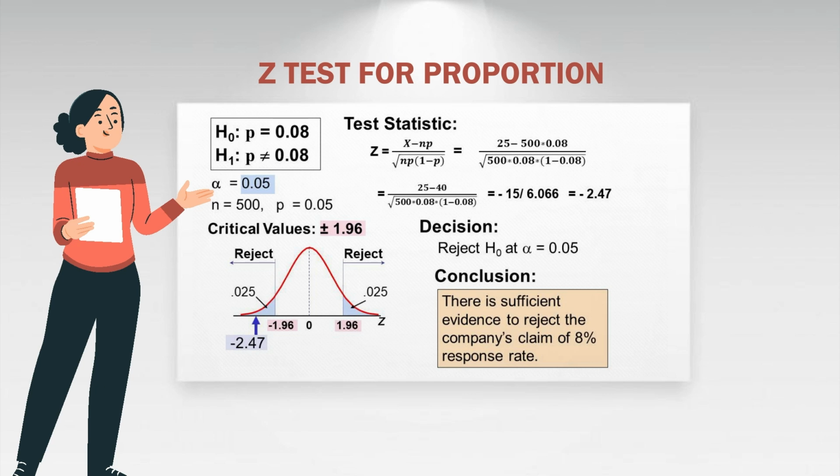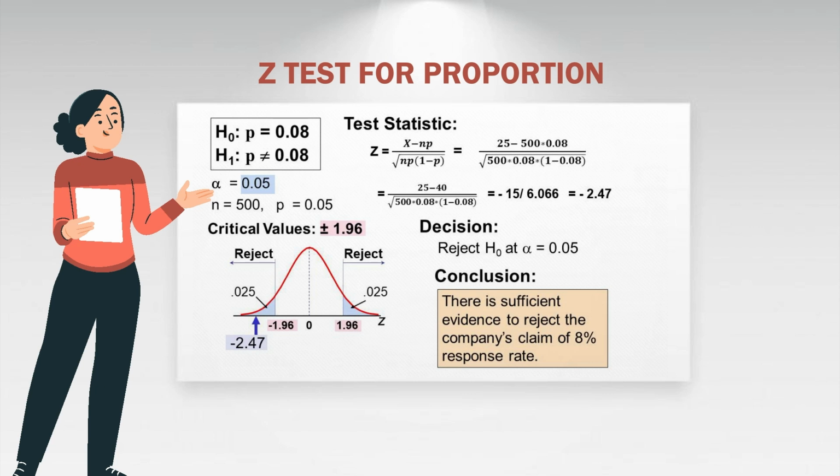So my critical region starts from 1.96 to infinity on the upper side, and on the lower side it is from minus infinity to minus 1.96. Our computed value is minus 2.47, which falls in the critical region, since it is less than minus 1.96.